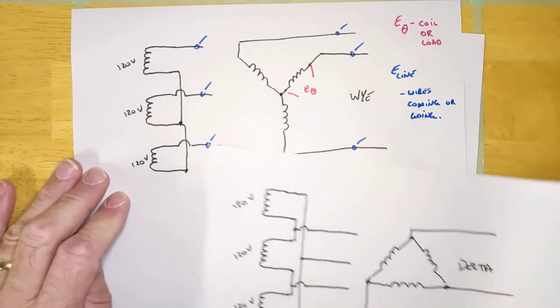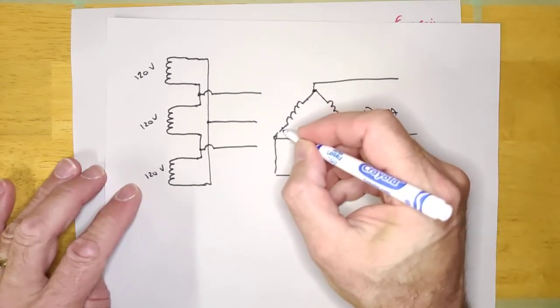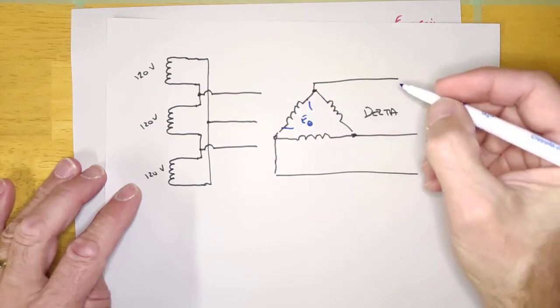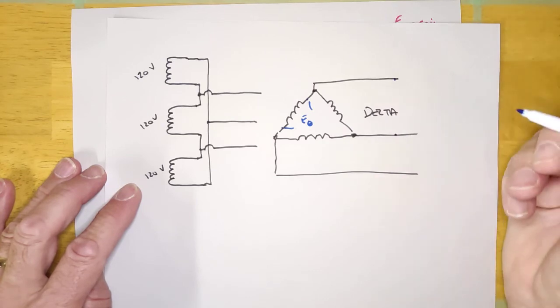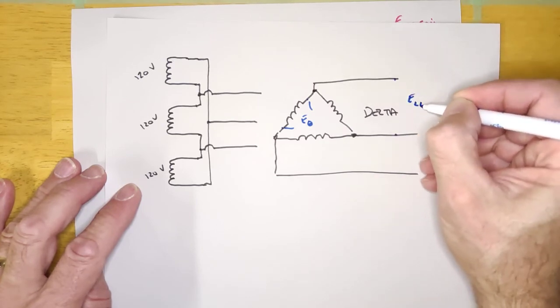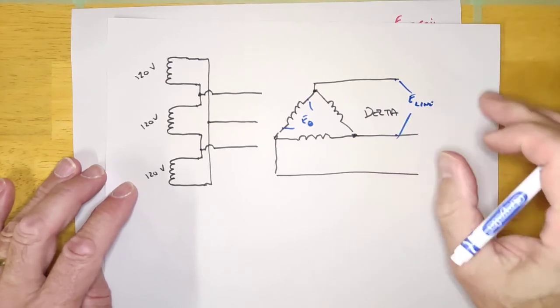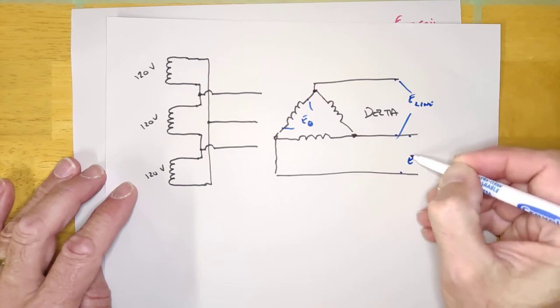On this delta one, guys, if I wanted to measure the phase voltage, I would measure it right across the phase, the coil itself. If I were to measure the line voltage, I'd be measuring from here to here. Okay, this would be E line. Right there. And there's more places, I could measure the line voltage also from here to here, right, guys?